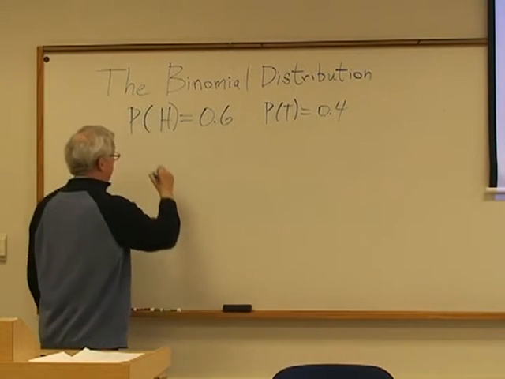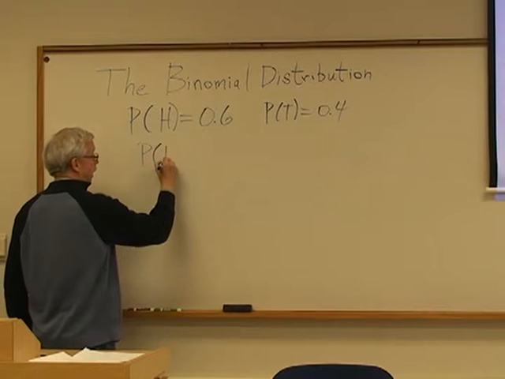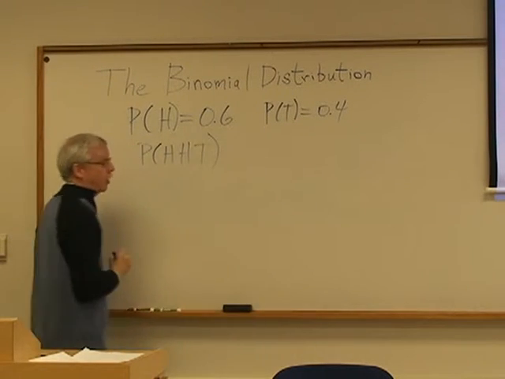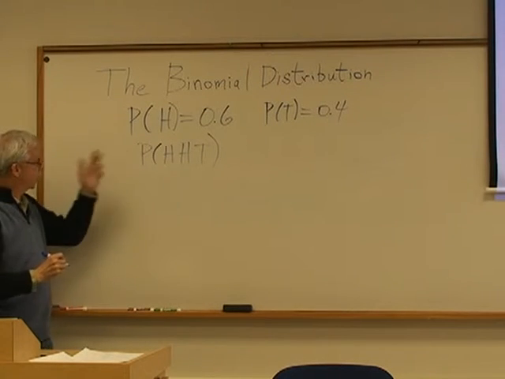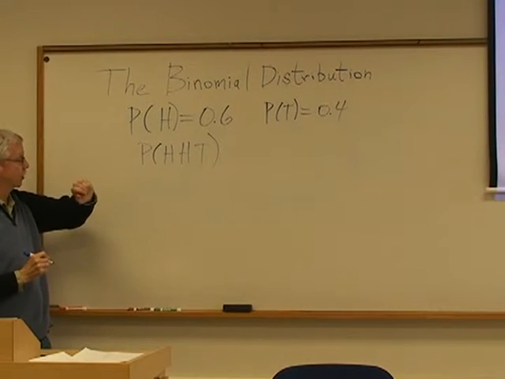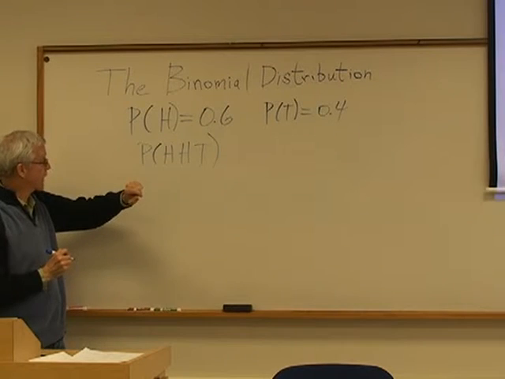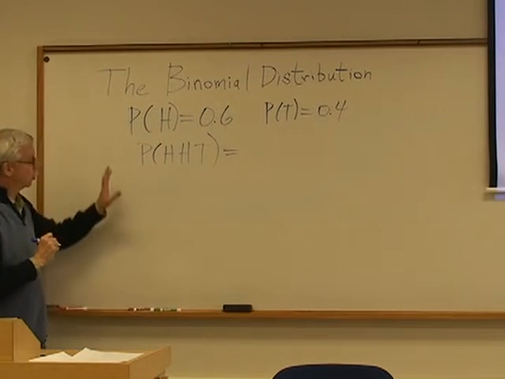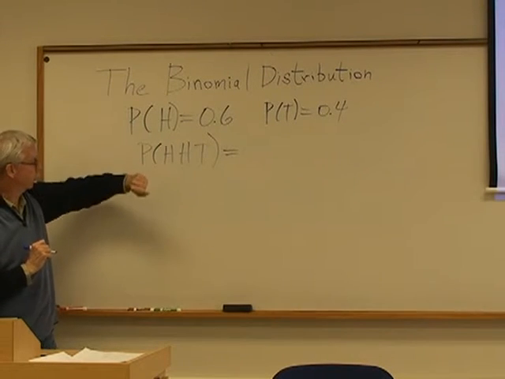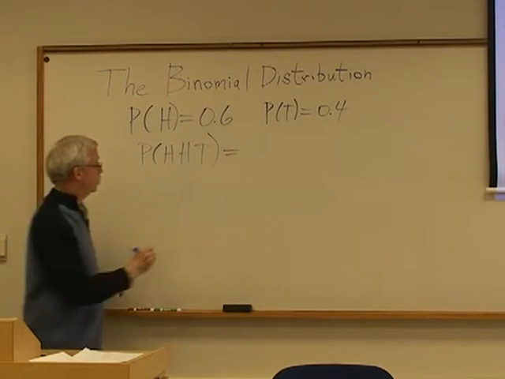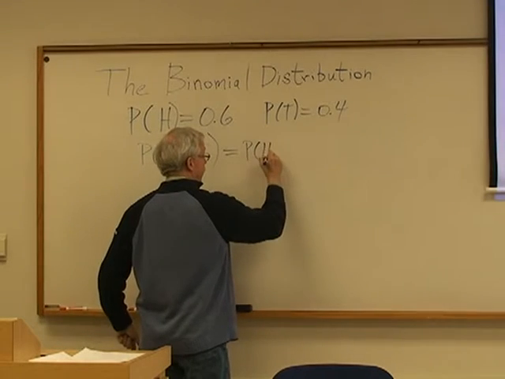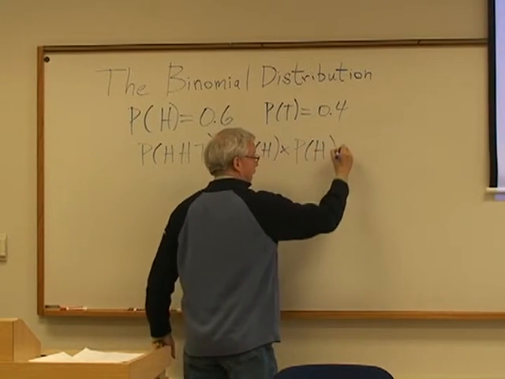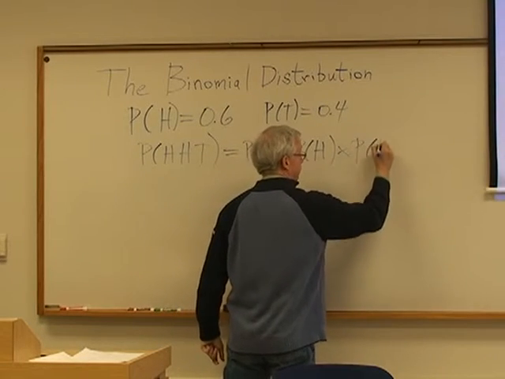So now we can ask that same thing. What's the probability of getting heads on the first try, heads on the second try, and tails on the third try? Or if I have 3 of these coins, the probability of getting heads on the first coin, and heads on the second coin, and tails on the third coin. Again, if I assume independence, which I'm going to do for this whole exercise, then this means I just take the probability of heads times the probability of heads, because independence is a license to multiply probabilities.